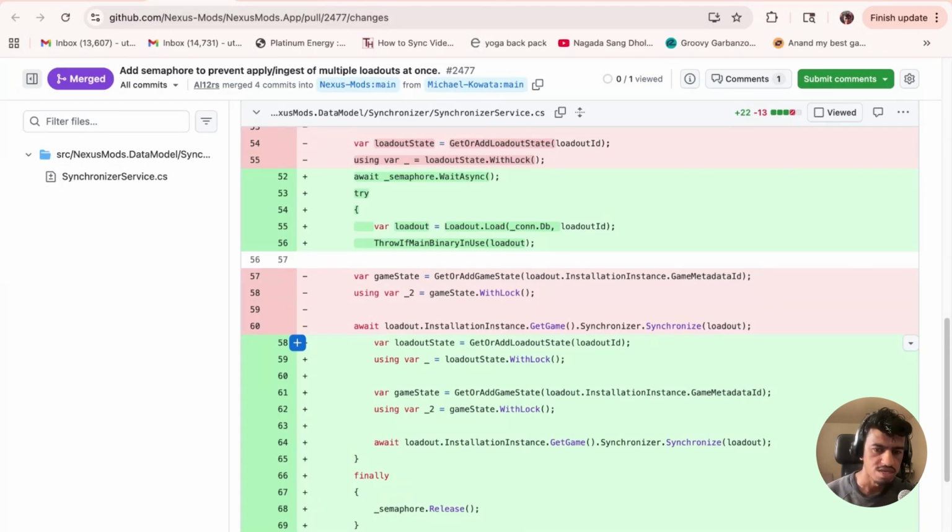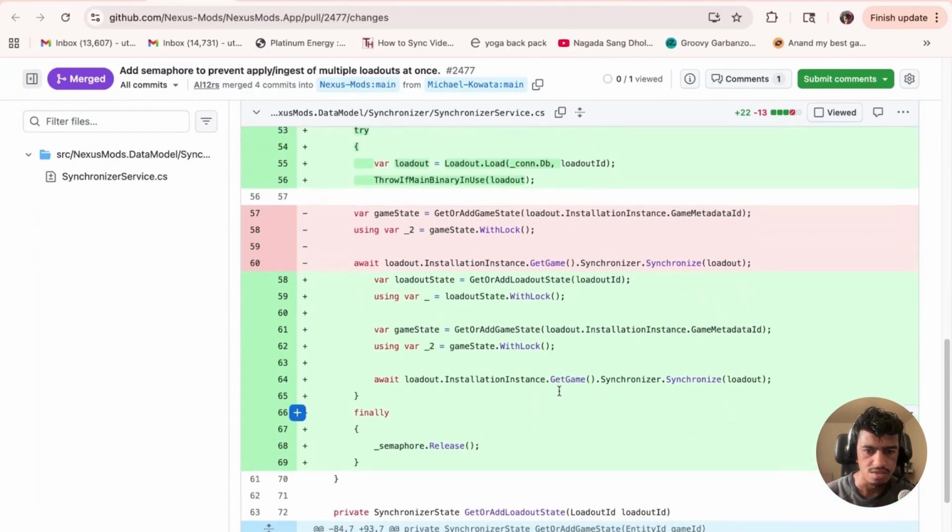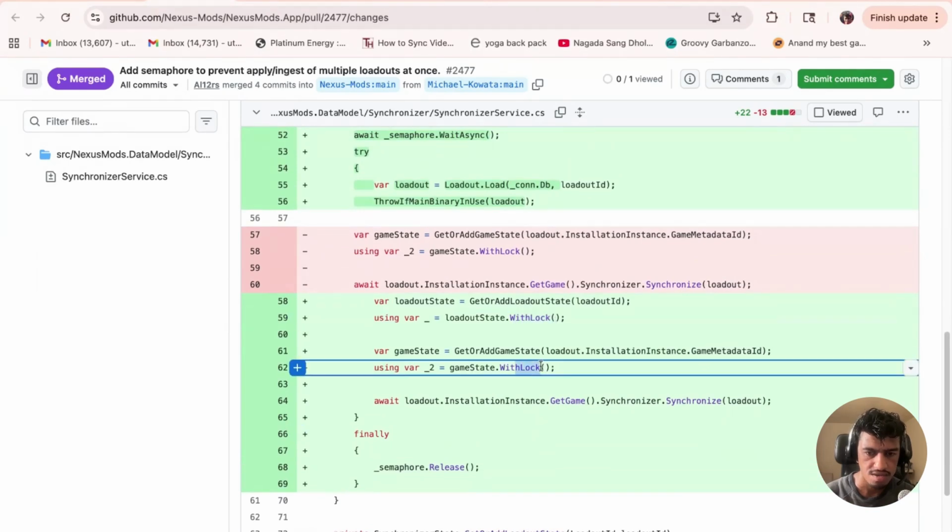But what's interesting is that if you actually do the root cause analysis of the true cause of the bug, they didn't actually solve the root cause of the bug. They kind of put a Band-Aid over it. And I'll tell you what I mean by that. So the actual cause of the bug has to do with this with lock syntax. The locking, there's something wrong with it. It throws an exception when it shouldn't.